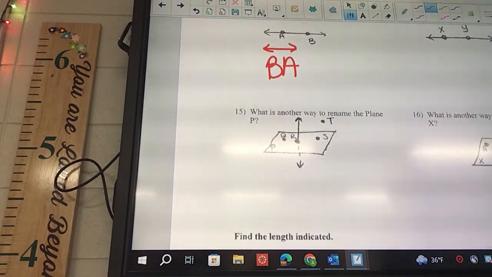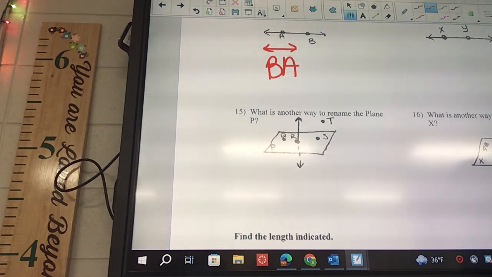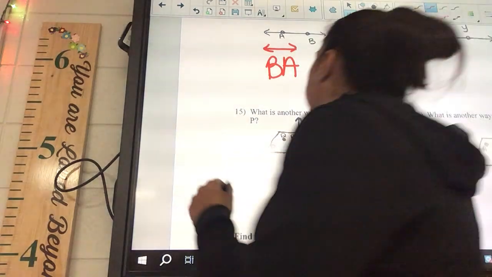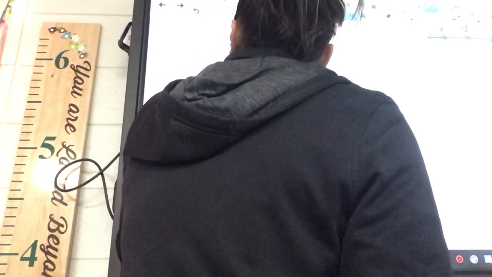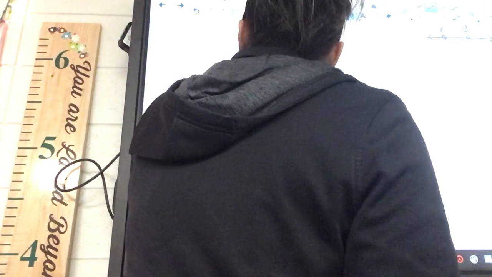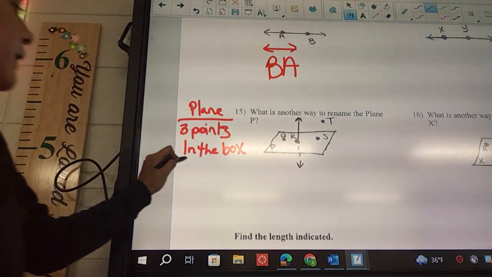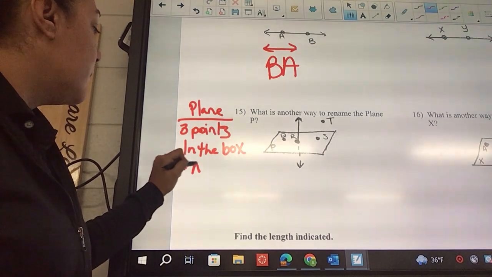15, you're probably going to need to write some notes. Is there another way to rename the plane P? So for a plane, you need 3 points in the box, and it can go in any order.